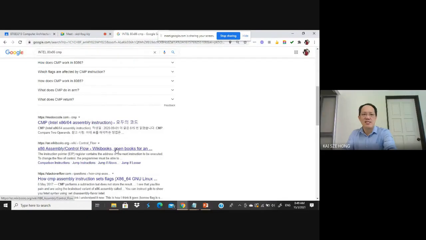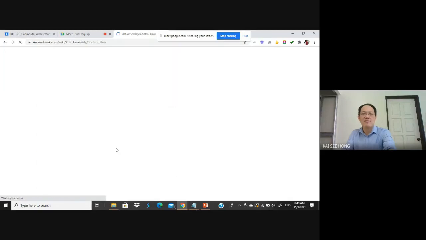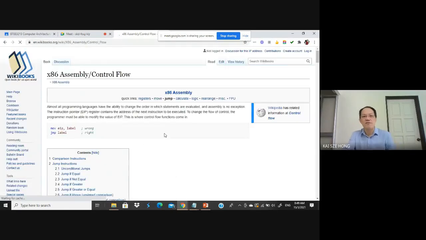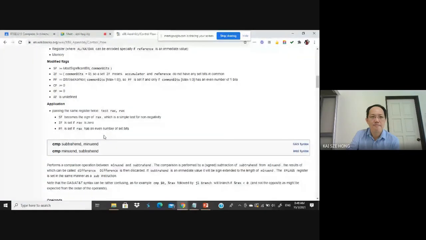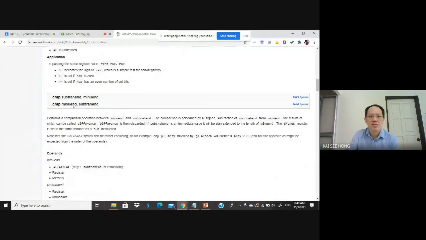Control flow. Let's see whether this one will solve our question. Sometimes we have to refer to the manual. Okay, compare. Intel syntax is minuend, subtrahend. For comparison between minuend and subtrahend, the comparison is performed like this.